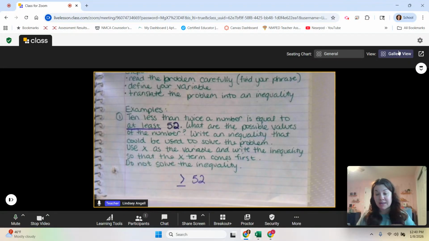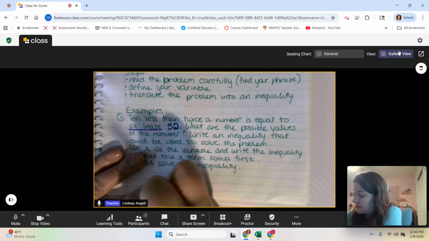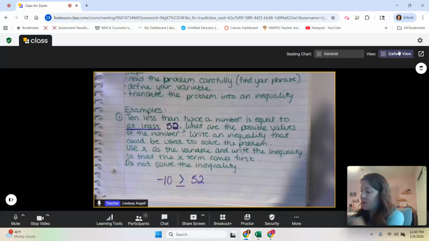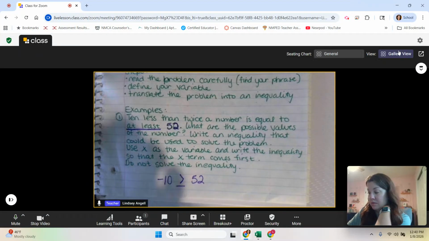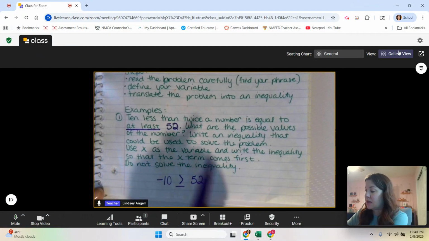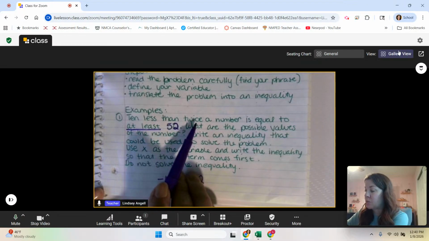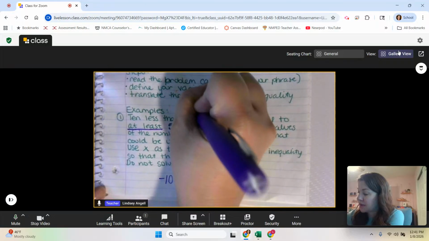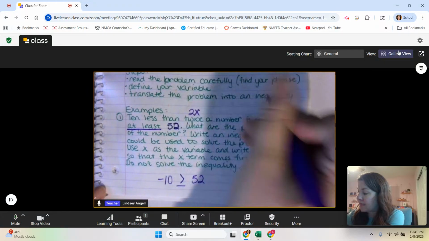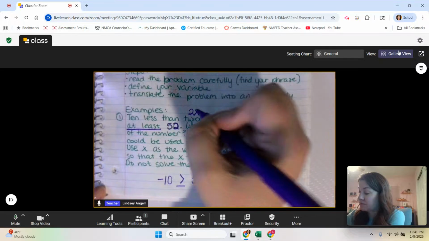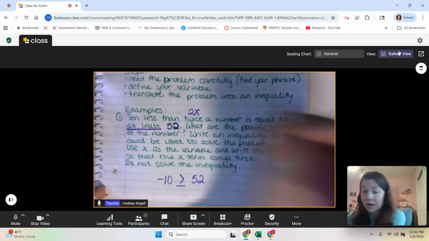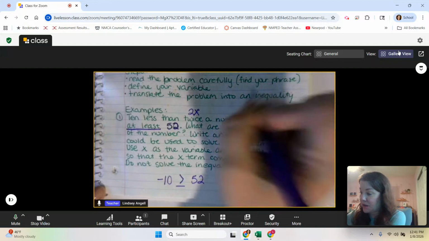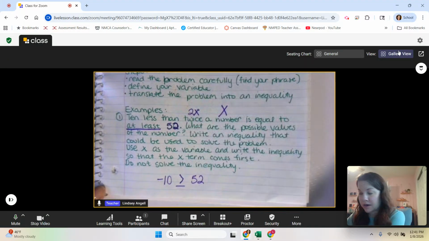if I have 10 less than something else, that means I took 10 away. Okay, so that means I'm subtracting 10 from something, right? Well, it says 10 less than twice a number. Twice means to multiply by 2, and a number, we don't know what number, that's my variable, is the letter x.